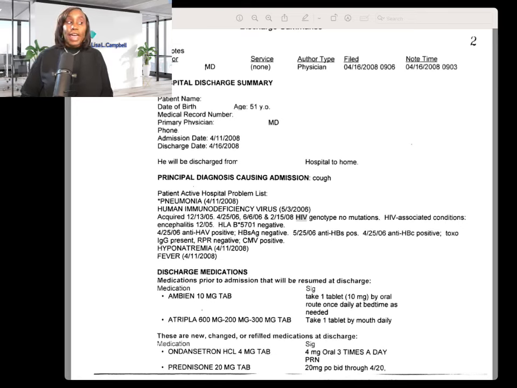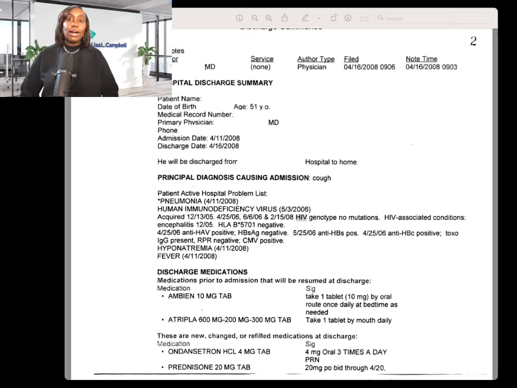So they may have said the principal diagnosis causing admission is a cough, but you must remember that as the coder, you're going to apply the definition of principal diagnosis to determine what truly is the principal diagnosis, because the principal diagnosis is that condition that was established after study to be chiefly responsible for occasioning the admission of the patient to the hospital. So we see now that there is an active hospital problem list.